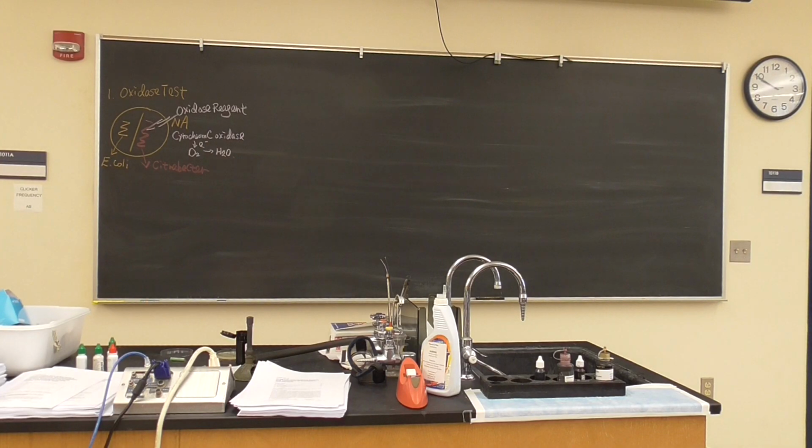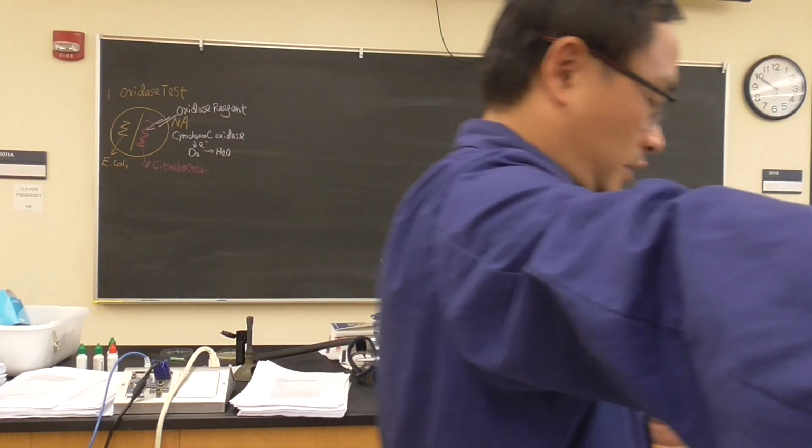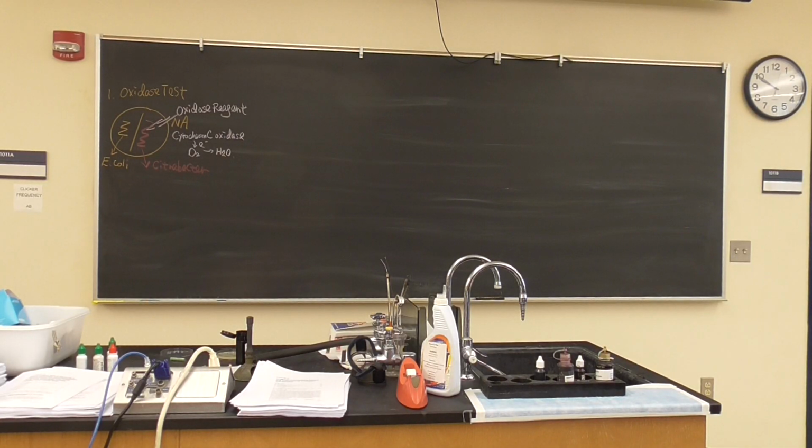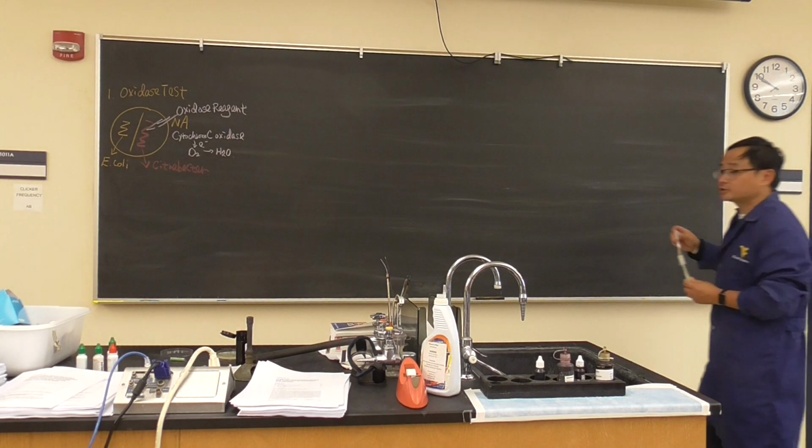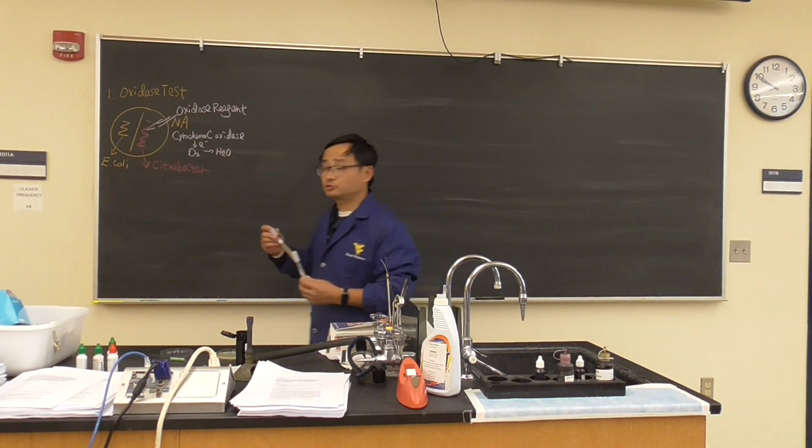A little bit of purple, you can see there, a little bit. Very light purple you can see. Can you see it? Very light. That means this slant may be contaminated. That's what we can get.